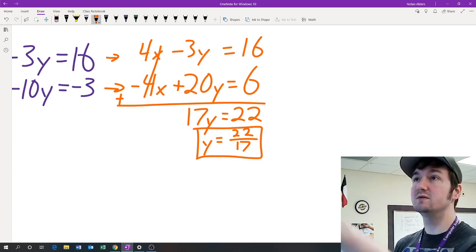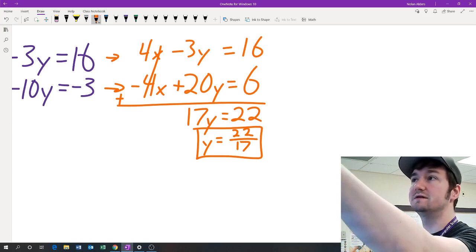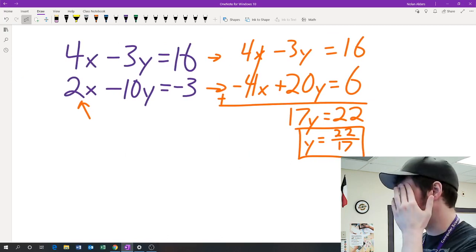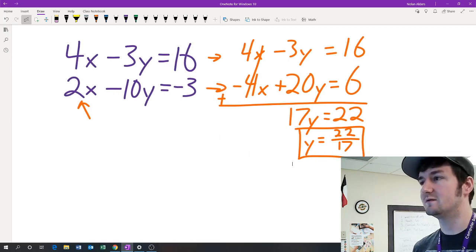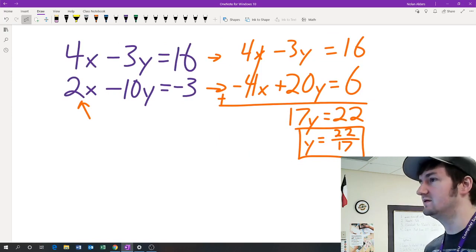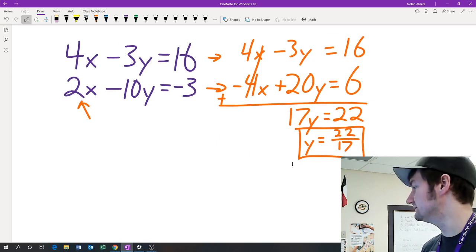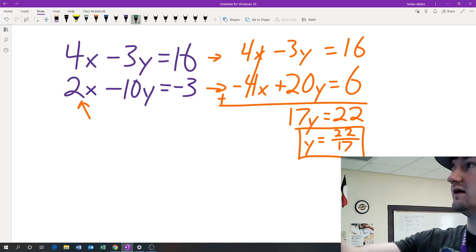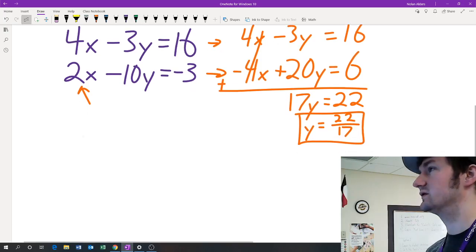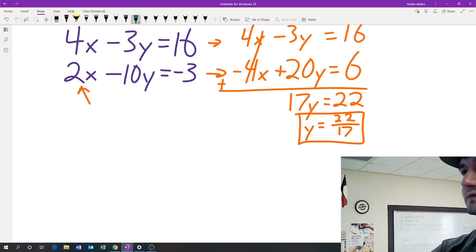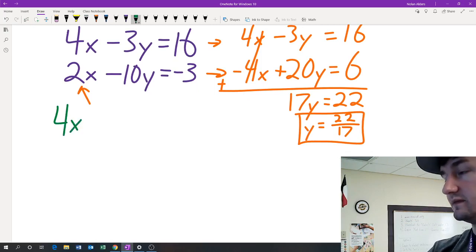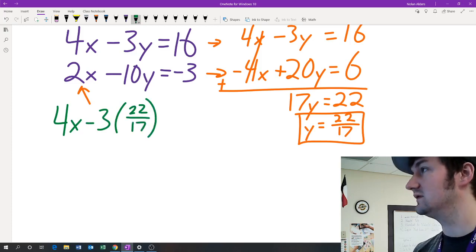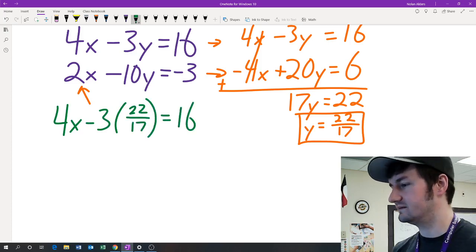We can take that and substitute it back into one of the original equations. It doesn't matter which one we pick. We can substitute it into the top or the bottom. Let's substitute it into the top equation this time. So we'll have 4x minus 3 times 22 over 17 equals 16.